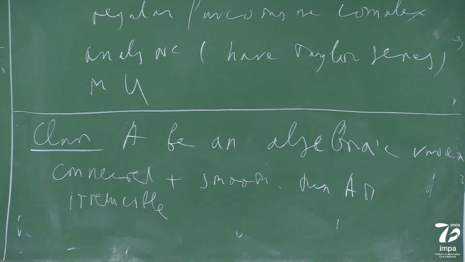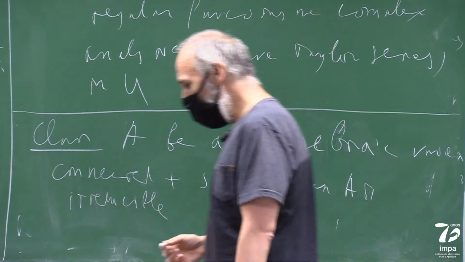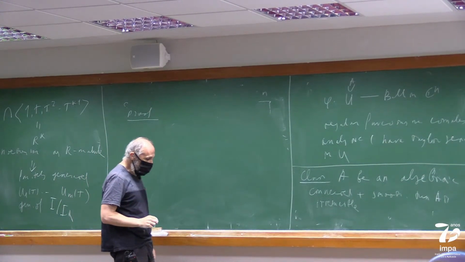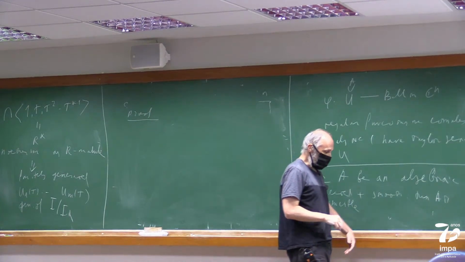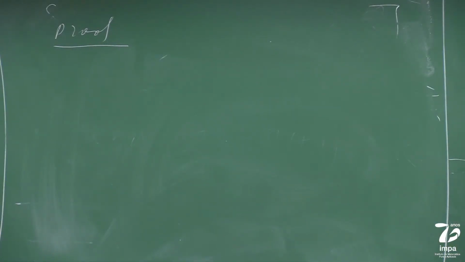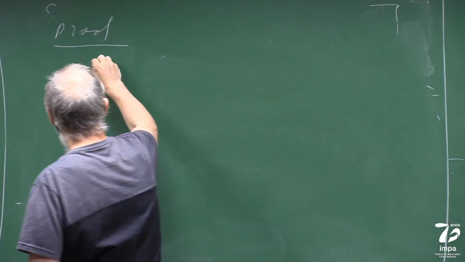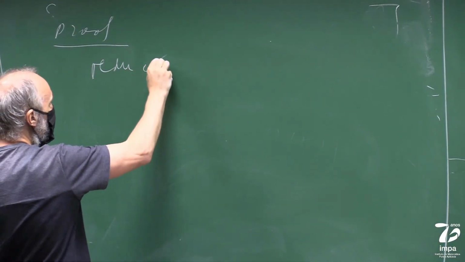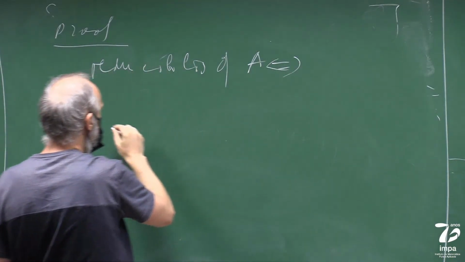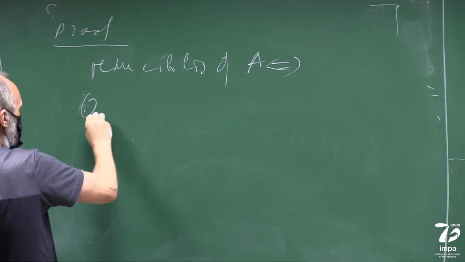Okay, so the proof is sort of easy. You need the analytic continuation principle. What we know is that if it is reducible, you would have two regular functions which multiply to 0. So reducibility of A is equivalent to A having zero divisors.